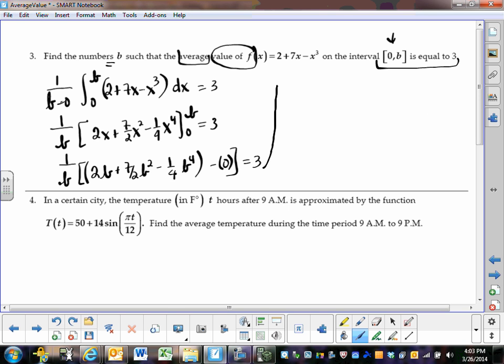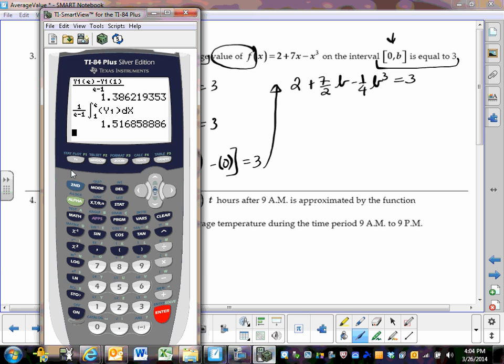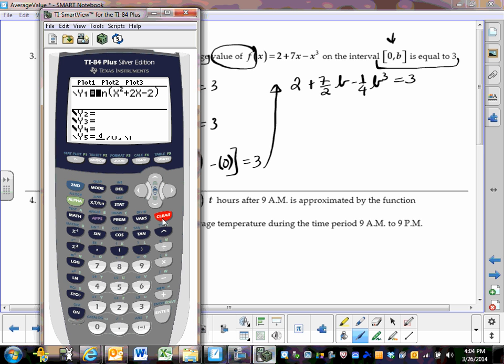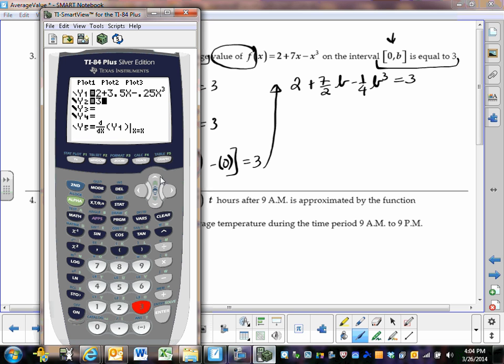So I would probably, before I use my calculator, simplify a little bit to have this just be 2 plus 7/2 b minus 1/4 b cubed equal to 3. Simply because it would make plugging into the calculator a little bit easier. But now I'm just going to find the intersection. So 2 plus 7/2 or 3.5 x minus 1/4 or 2.25 x to the 3rd needs to intersect with 3.